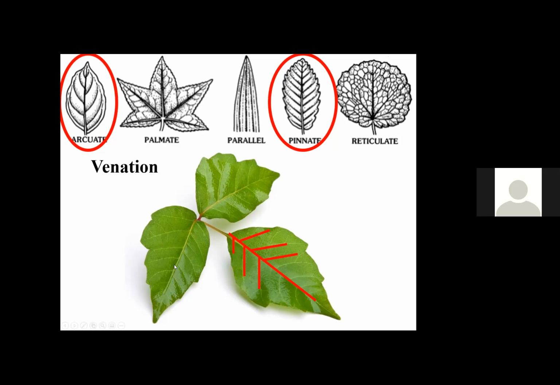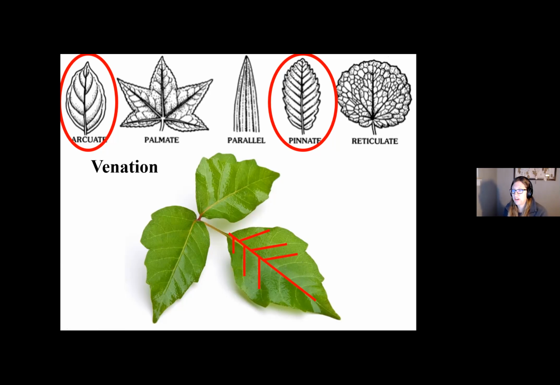This one is technically described as arcuate. This is more technically correct for poison ivy: arcuate. But oftentimes people don't make the distinction between these anymore. Yes, there are technically differences, but a lot of times they're grouped together.